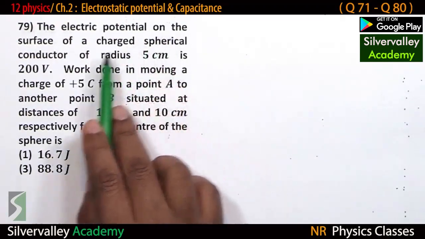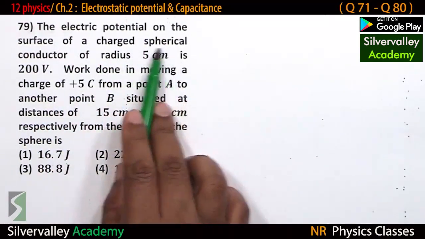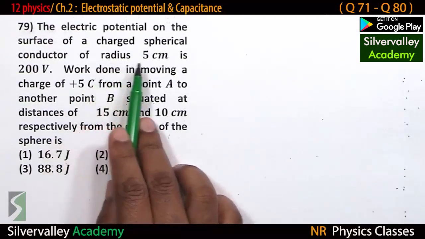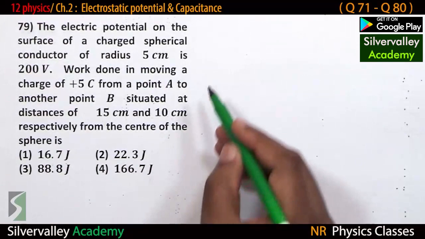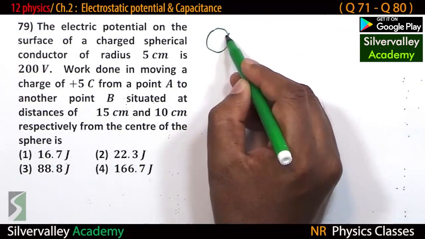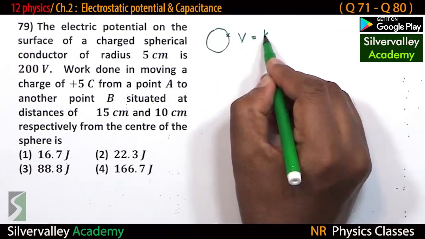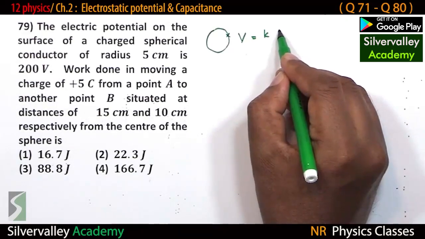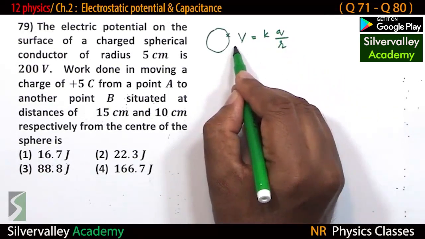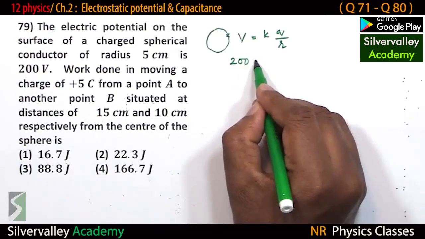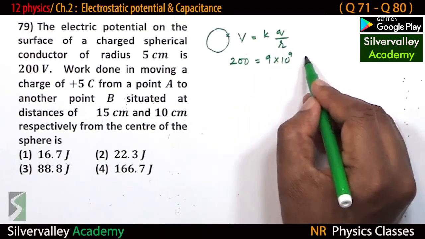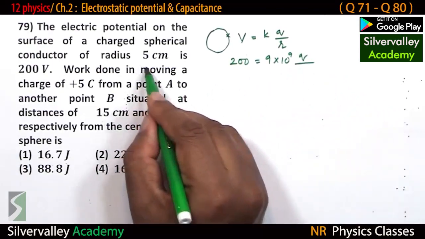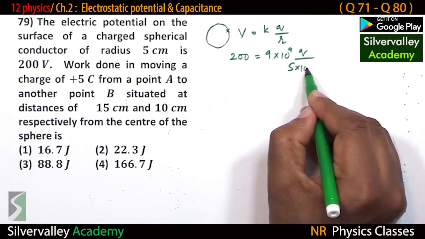The electric potential on the surface of a charged spherical conductor of radius 5 centimeter is 200 volt. So potential on the surface is constant Q by R, 200 volt, 9 into 10 power 9, charge by radius which is 5 centimeter.